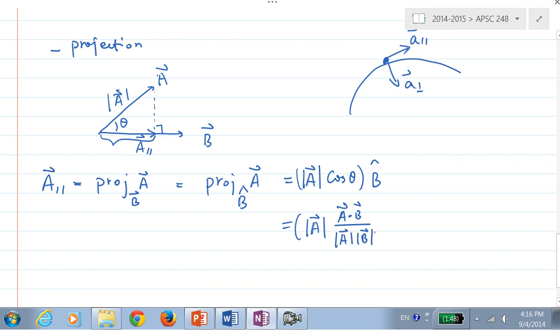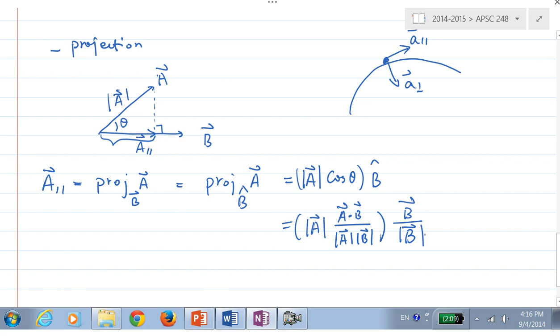That's cosine theta. And where's the B hat from again? How do we get B hat when given a vector B? B divided by its magnitude. Exactly. Normalize it.